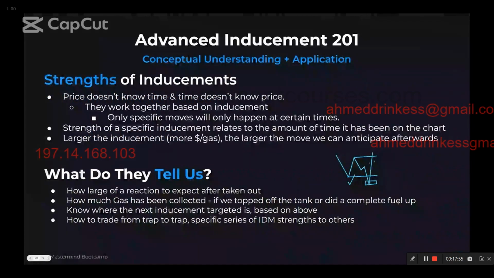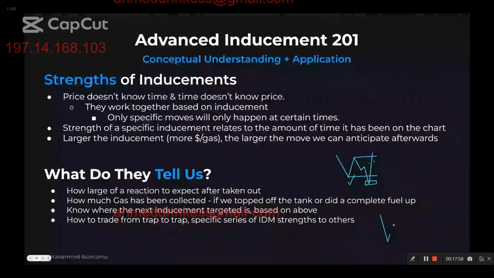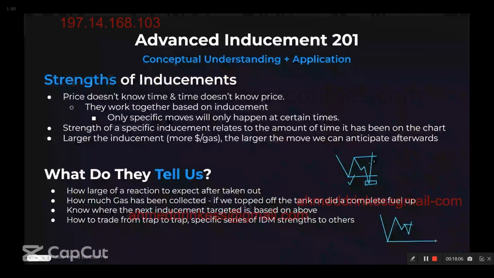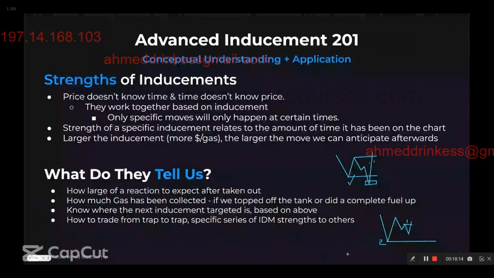Compared to if you are just doing a top off on your tank, just topping it off, getting there barely, where are we going? We're then still going to our destination because we're just doing a quick top off to get to our destination.